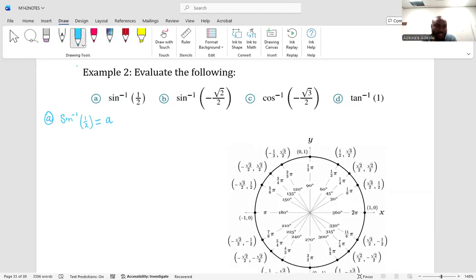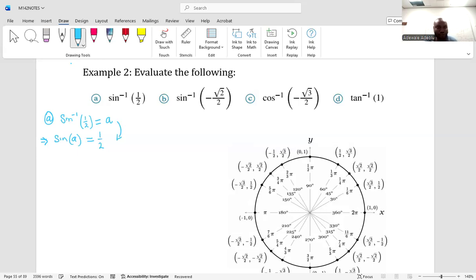Well, I can talk about the candidates. Firstly, what I'm trying to say is that sine of some angle A is 1/2. That is what I'm saying, right?